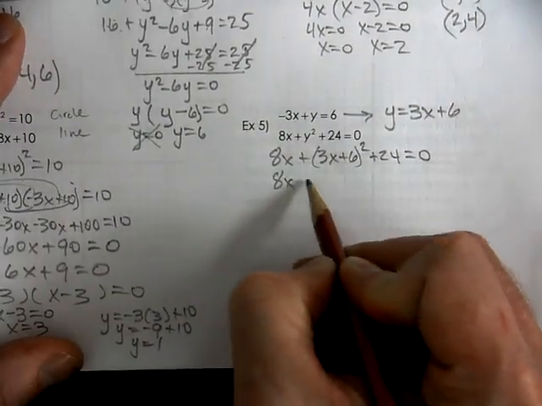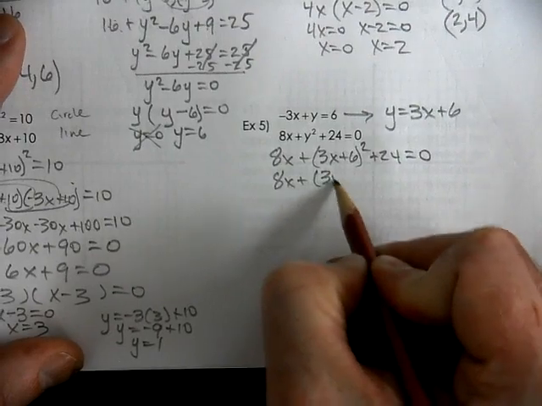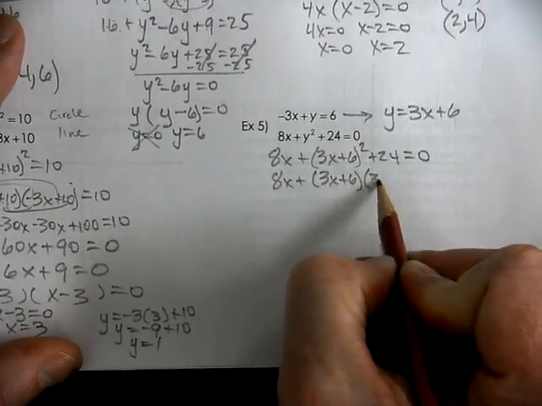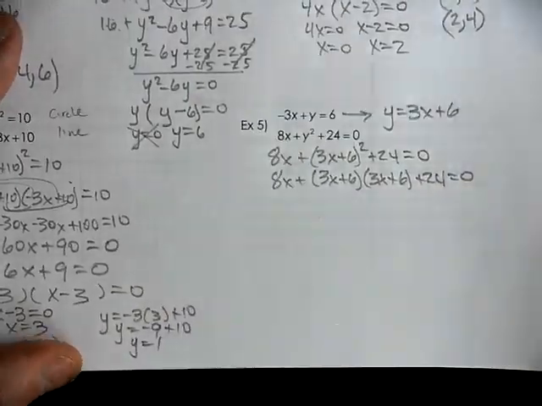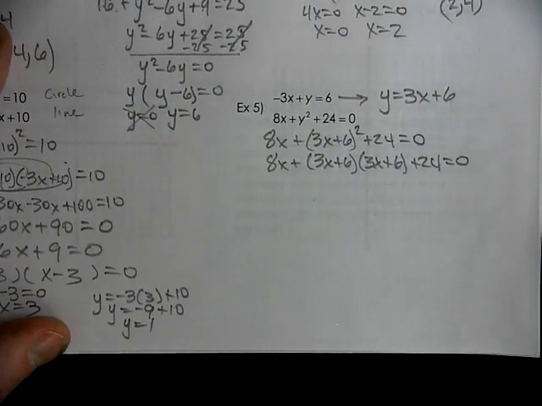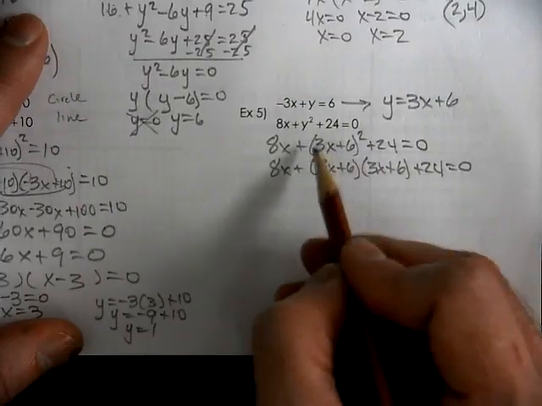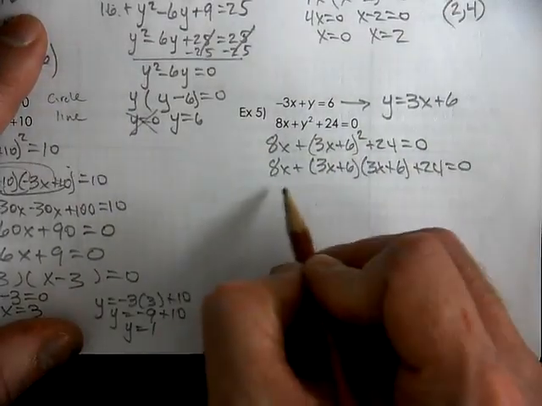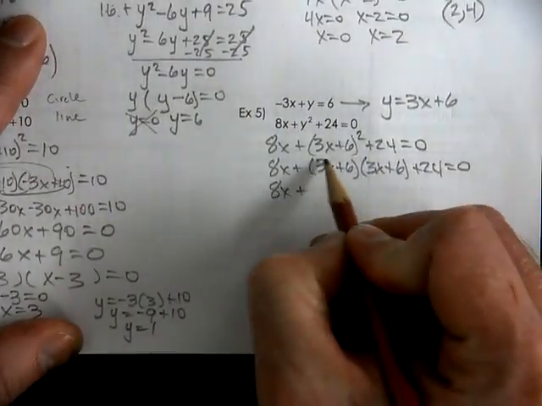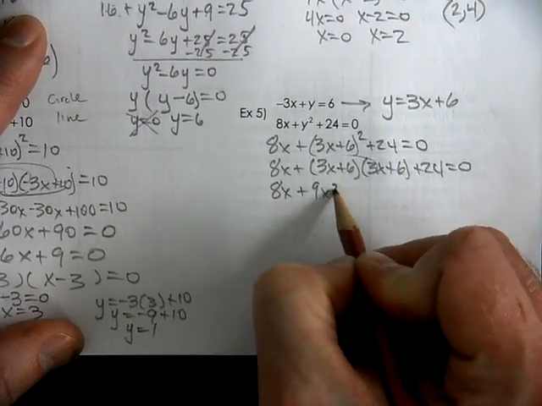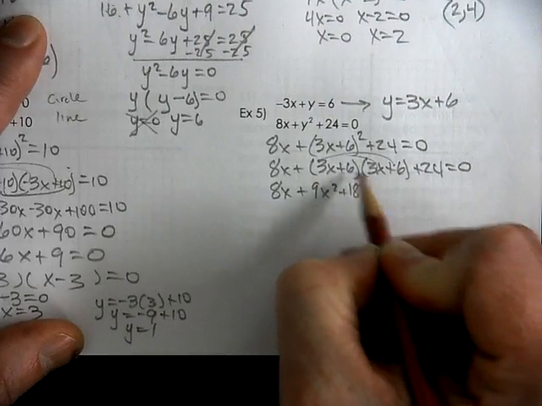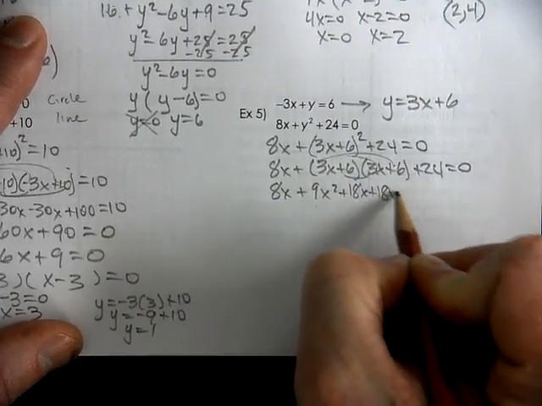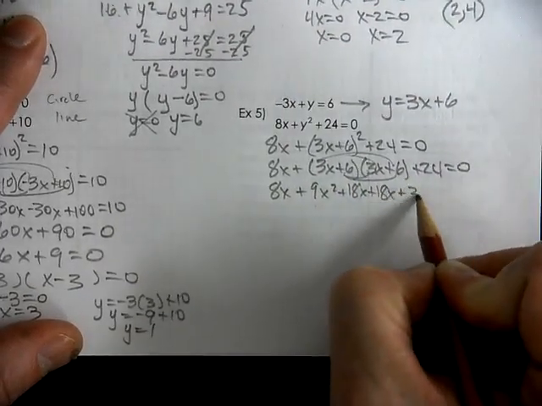The only thing I see I can do here is to say (3x plus 6)(3x plus 6). You've got to square that binomial, and you cannot do it by distributing in. You've got to write it twice. So we FOIL this together. We get some big numbers. Plus 18x plus 18x. 6 and 6 is 36.